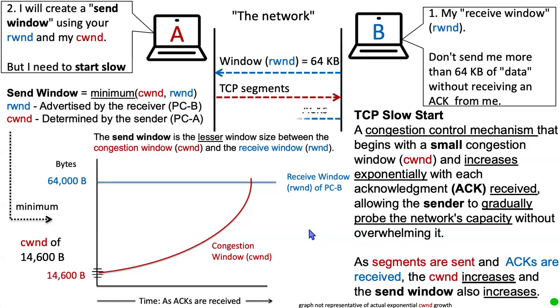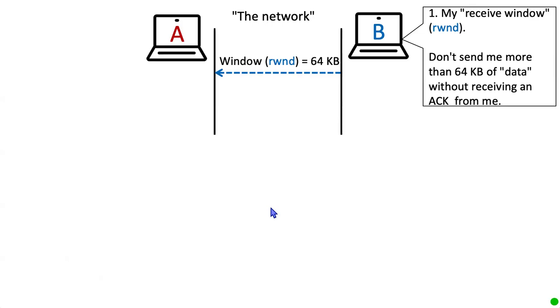As segments are sent and acknowledgements are received, the congestion window increases and the send window also increases. So we begin to see how this all happens. Once again, as segments are sent by PCA and acknowledgements are received from PCB, PCA will increase its congestion window and therefore also gradually increase its send window.